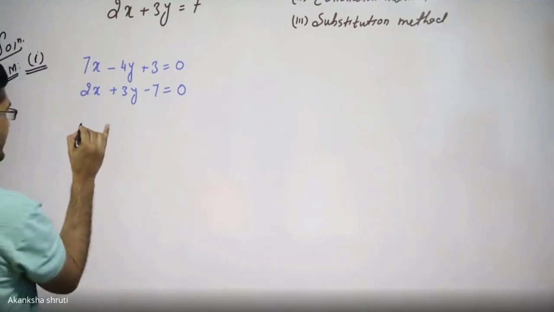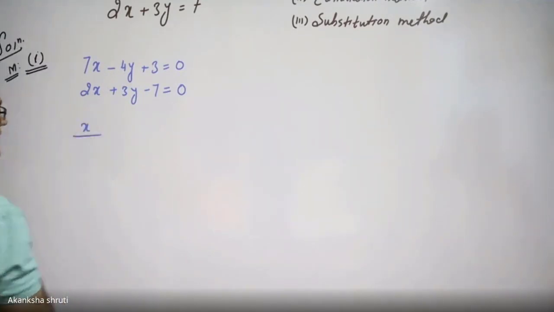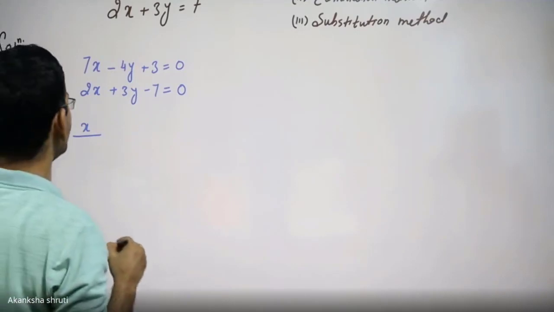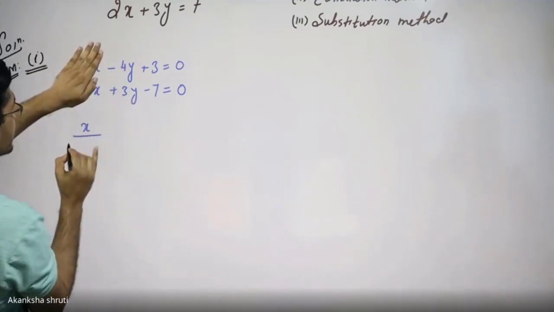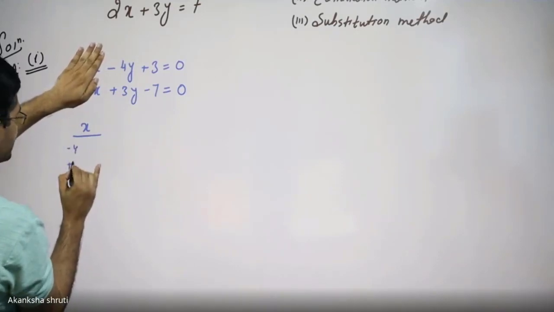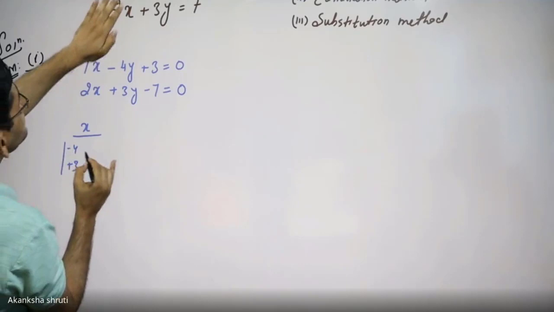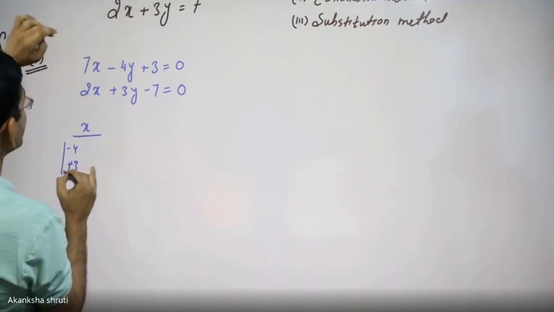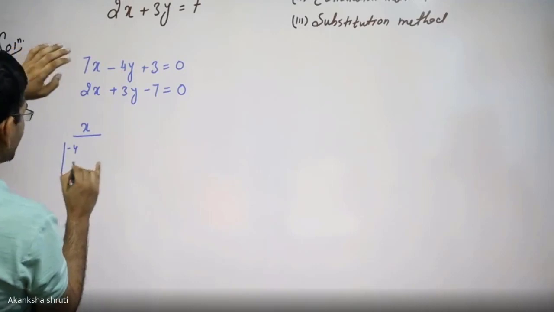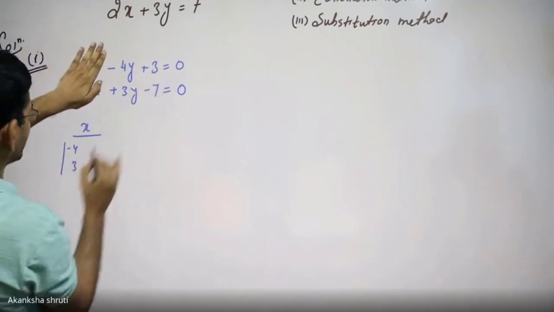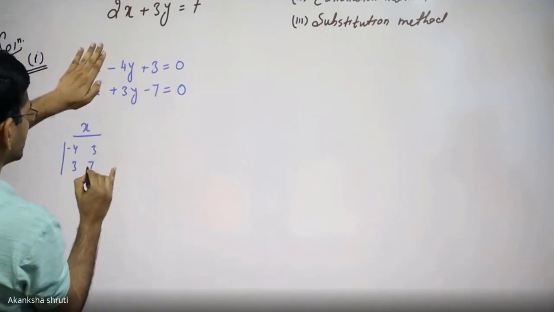So for finding x and y by the cross multiplication method, which is very easy, write the x, hide this x, then write down the array: minus 4, plus 3. A plus sign is not used before the number, so you can leave it. Simply write this as 3, the other one is 3 and 7.